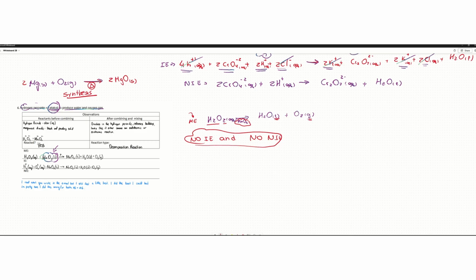I can see that I have two oxygens and two hydrogens on this side, while on the other side I have 3 oxygens and 2 hydrogens. So I need to fix that, right? How am I going to fix this reaction? If I add 2 over here, I'm going to have 4 oxygen, right?